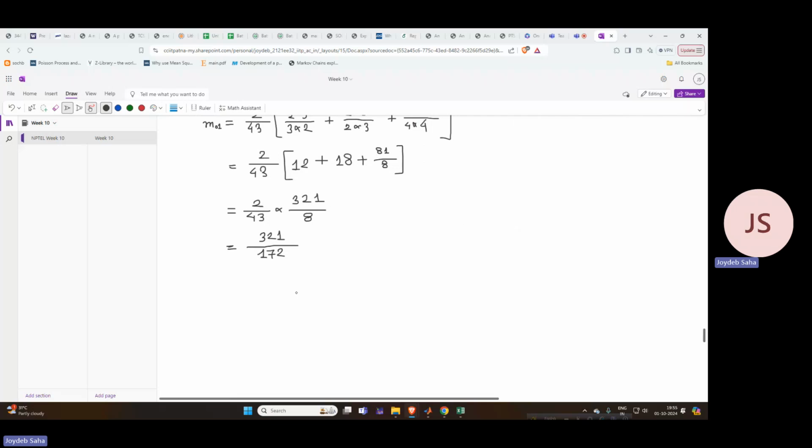Now we need to calculate the second moment, that is M20.